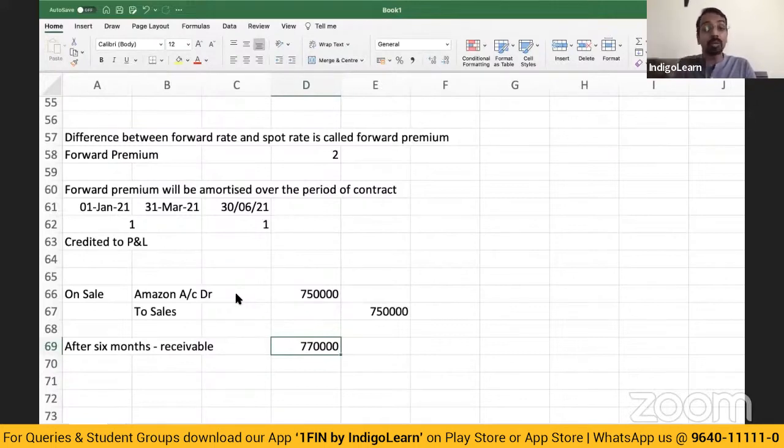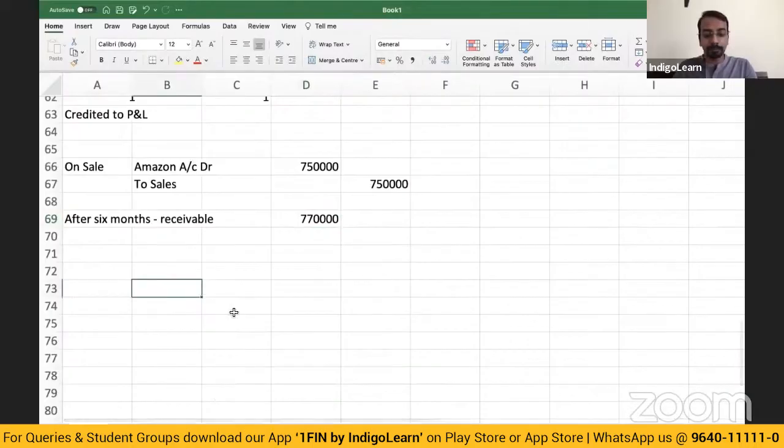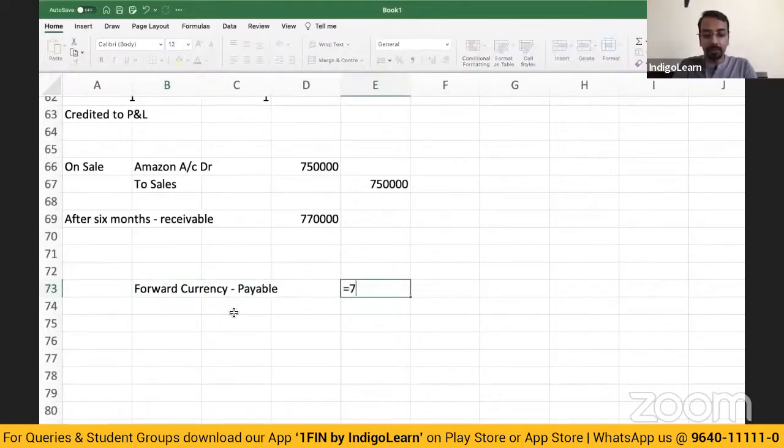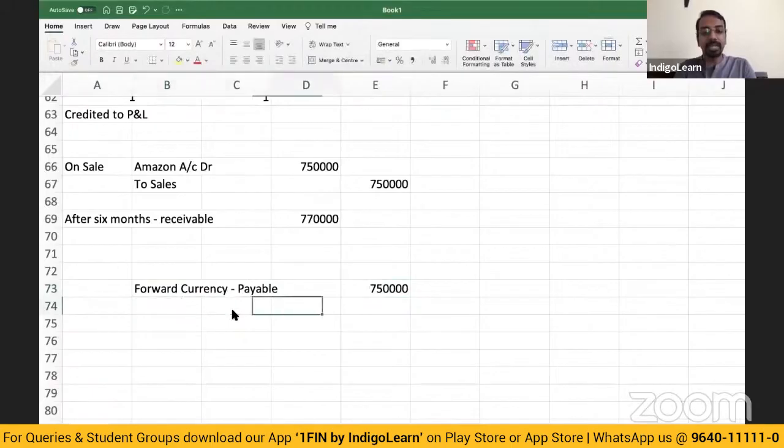The $10,000 worth today is 7,50,000, that is $10,000 multiplied by 75. 7,50 is what is payable.